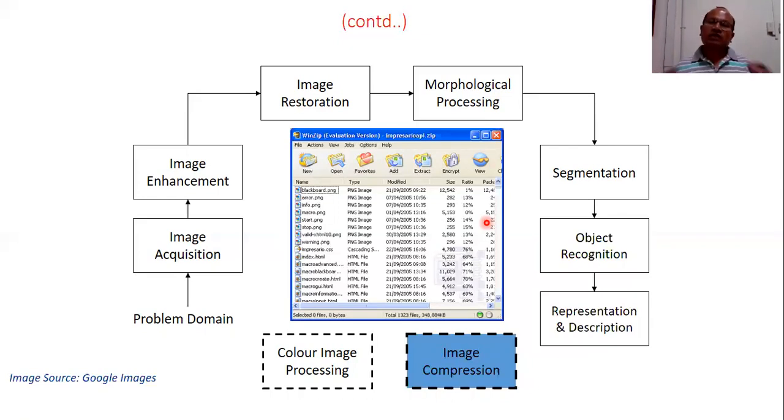Because when we use large dimension, large size images in our different operations and applications of image processing, then the storage requirement will increase and the speed of the system or processing will be hampered.